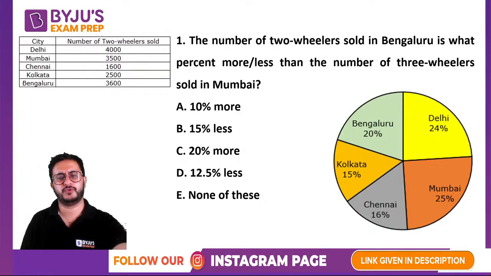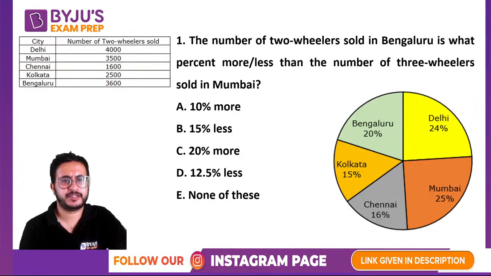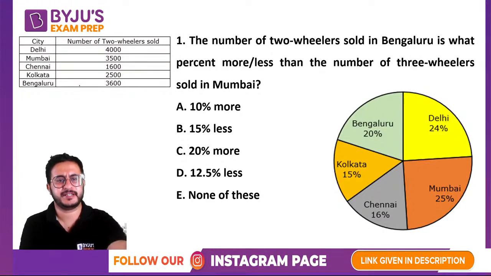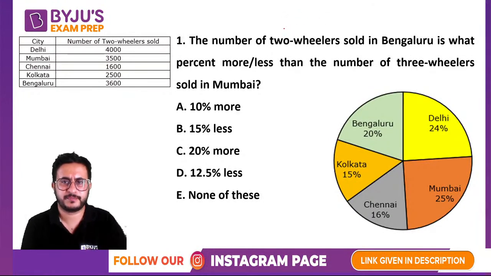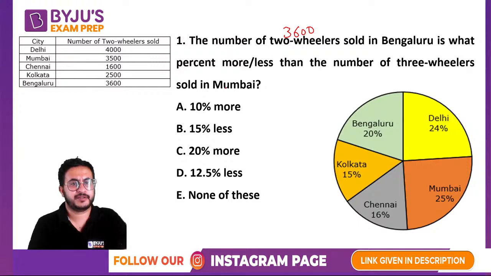The question is: the two-wheelers sold in Bengaluru is what percent more or less than the number of three-wheelers sold in Mumbai. Two-wheelers in Bengaluru you can directly see from the table, it is 3600. Now we have to compare this number with three-wheelers sold in Mumbai.